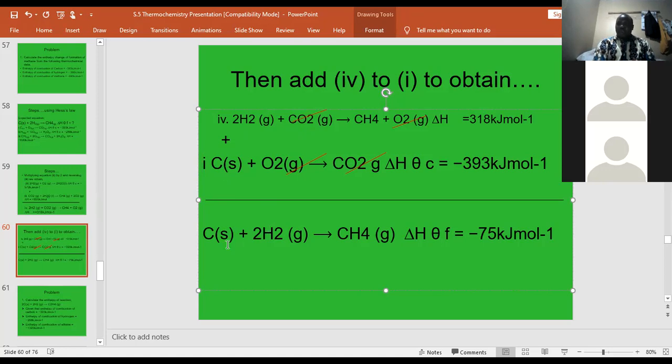You have carbon, which is what we need, and you have methane. Then overall, you add this energy content to what we have for the combustion of carbon. And then once you add them, you get a full equation for the formation of methane. And our total energy, remember, by Hess's law, is the sum of those energies. And that's why we have got negative 75 kilojoules.